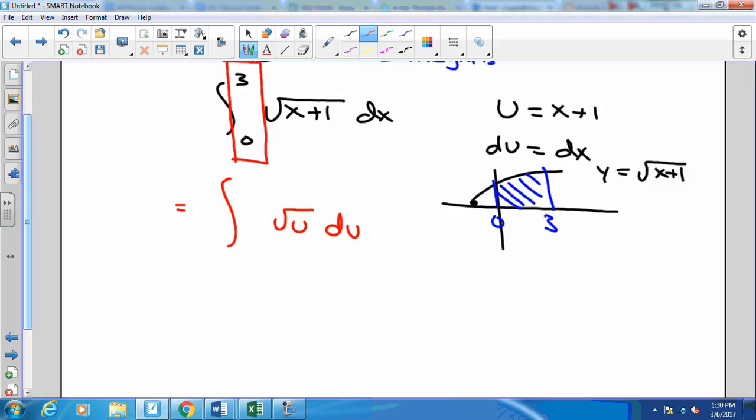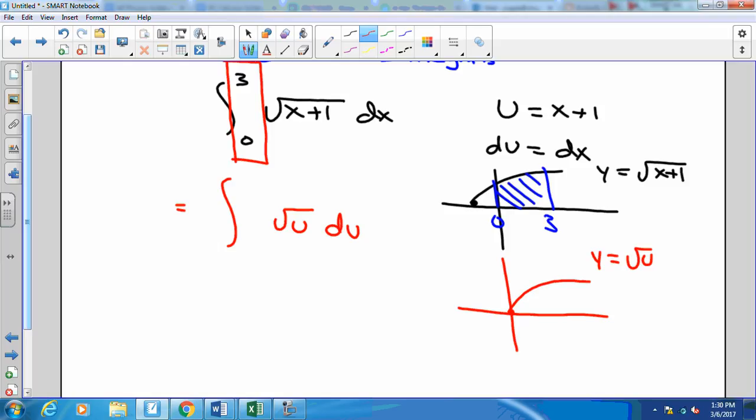So that instead of root x plus 1, the graph of my region now looks like the net signed area underneath the curve y equals root u. And what I've done is really to take this entire region and just shift it over by 1.